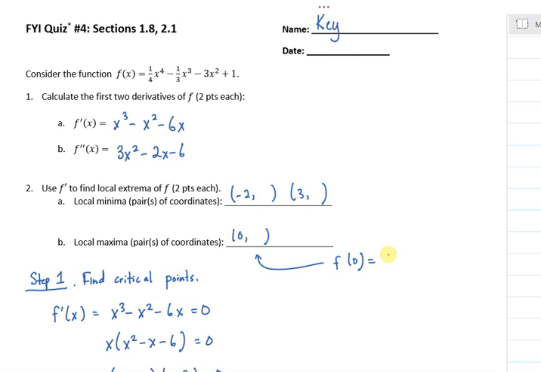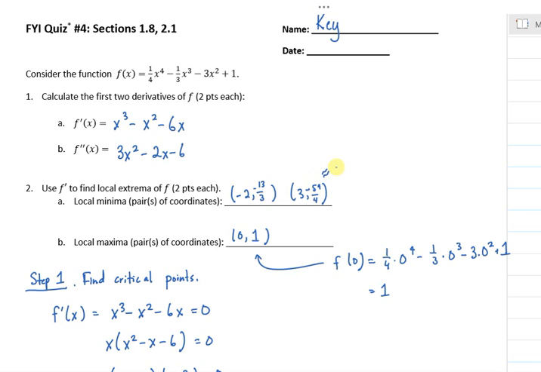F of 0 is 1/4 times 0 to the 4th minus 1/3 times 0 cubed minus 3 times 0 squared plus 1, which is 1. For -2, we're going to get -13 thirds. And for 3, we're going to get -59 fourths.